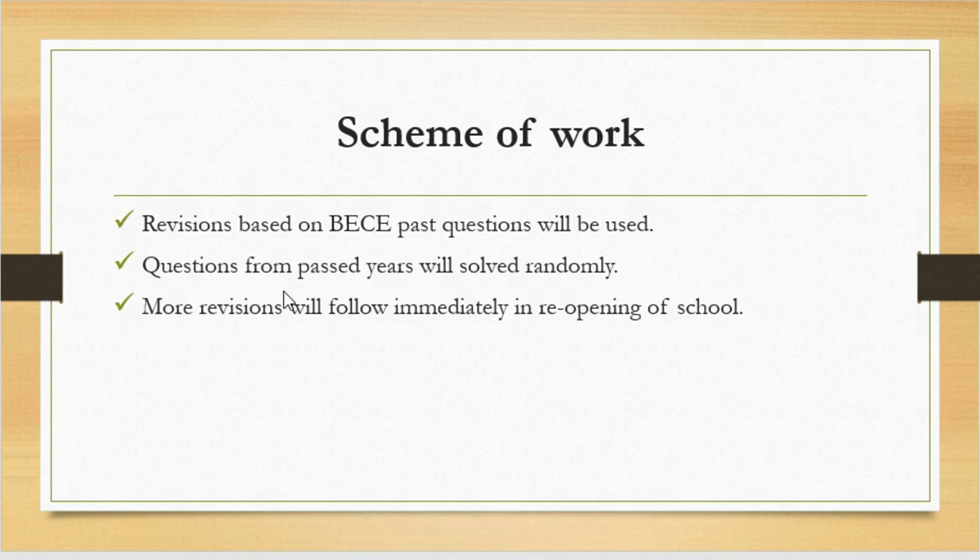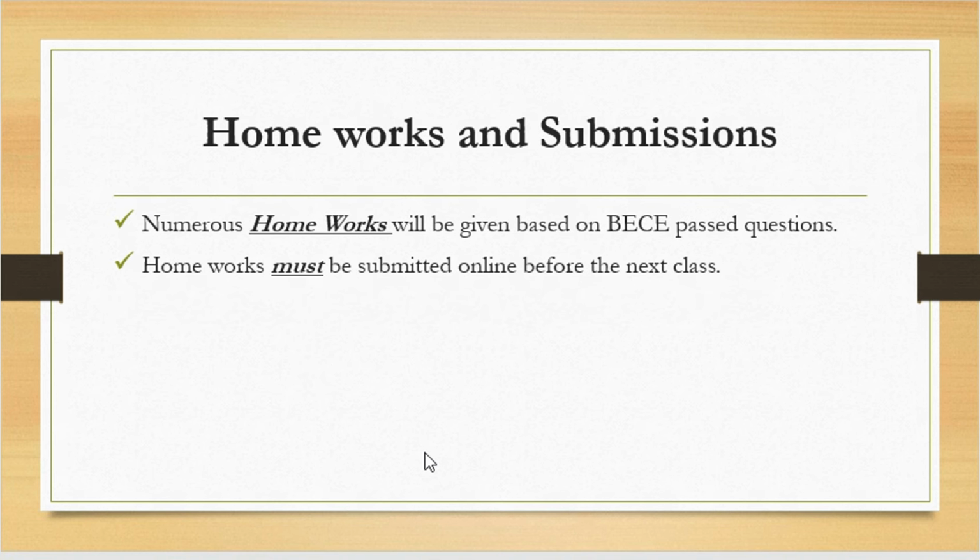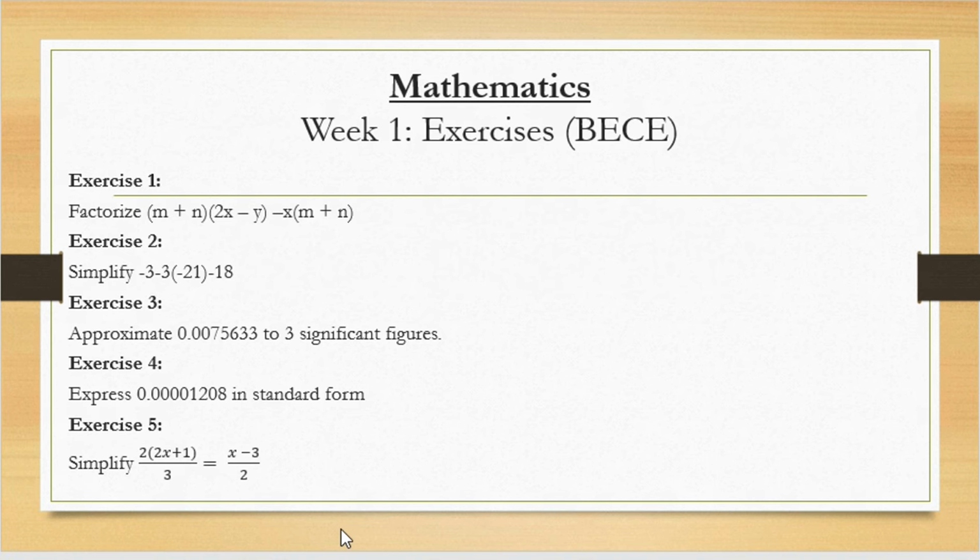The questions will be selected randomly, and more revisions will follow immediately you return to school. For the meantime, we'll solve some exercises and homeworks will be given to you to be submitted online before the next class. We are going to solve 10 examples.